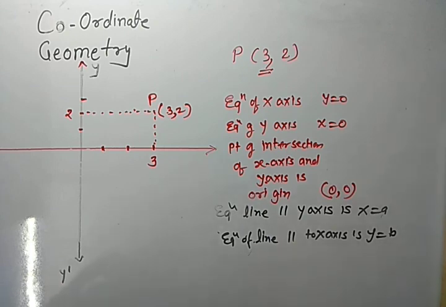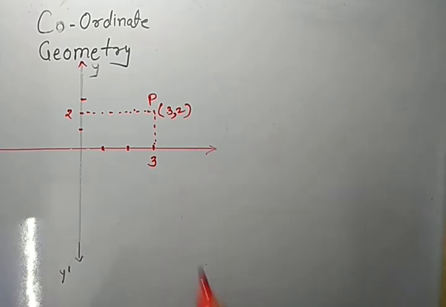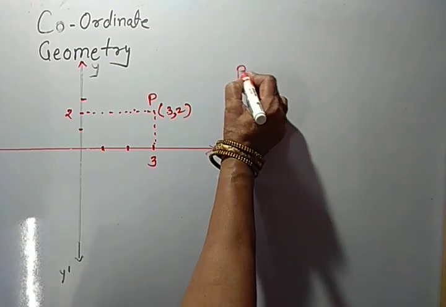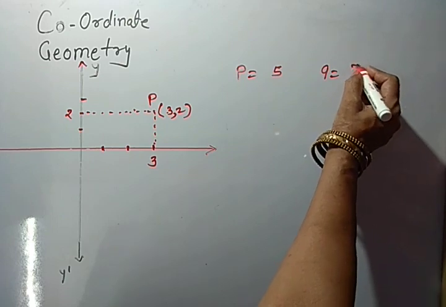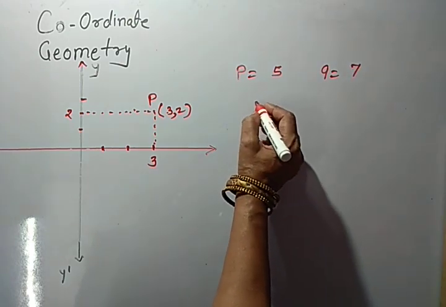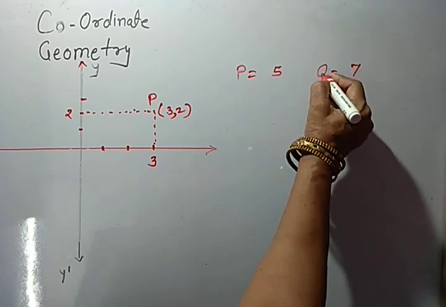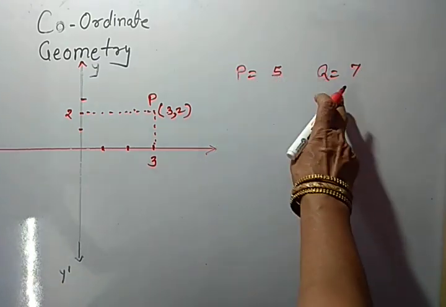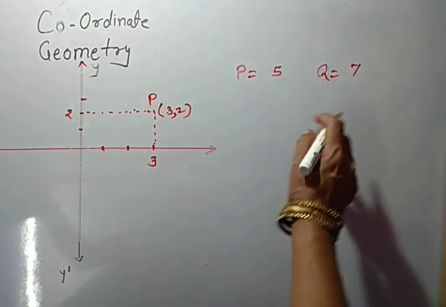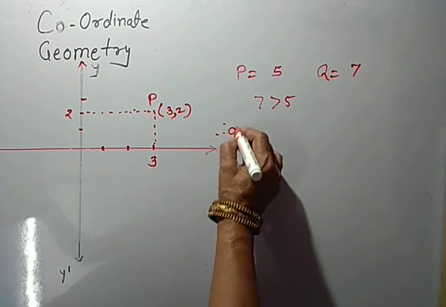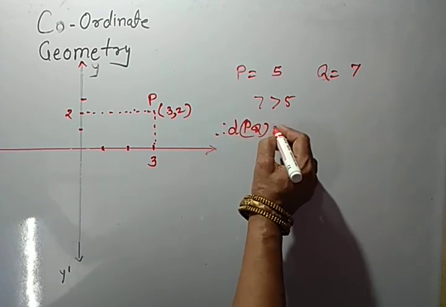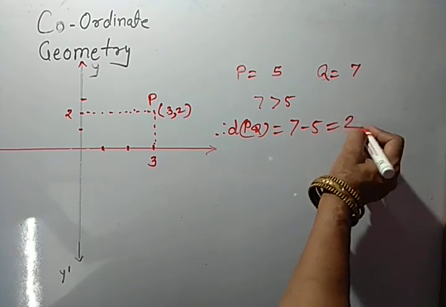We have also learned how to find the distance between any two points having a single coordinate. Suppose P = 5 and Q = 7. The coordinate of P is 5 and the coordinate of Q is 7. To find the distance, let us find which one is bigger. 7 is greater than 5, therefore distance PQ = 7 - 5 = 2.